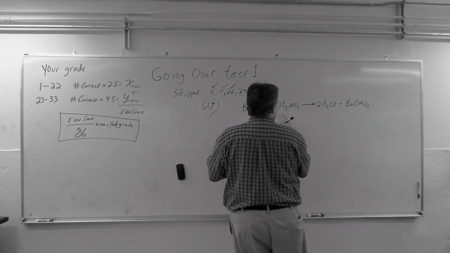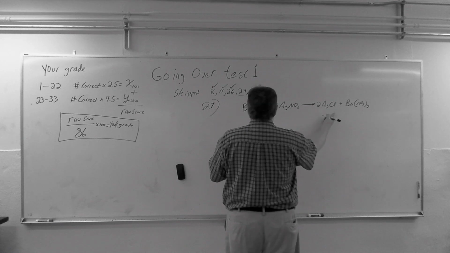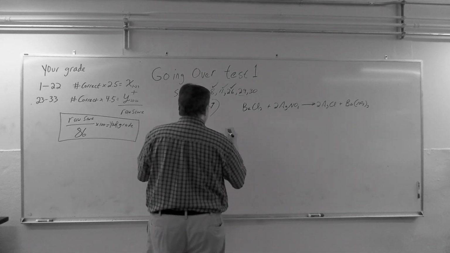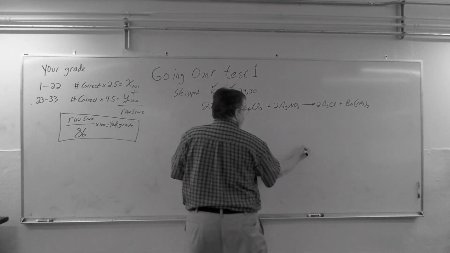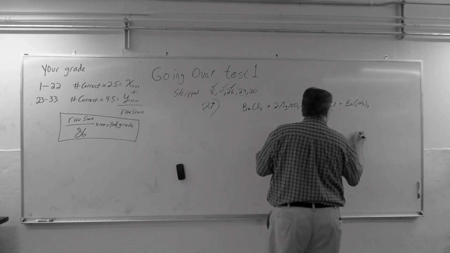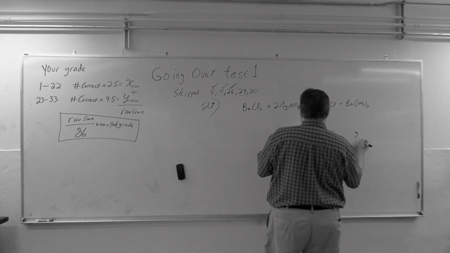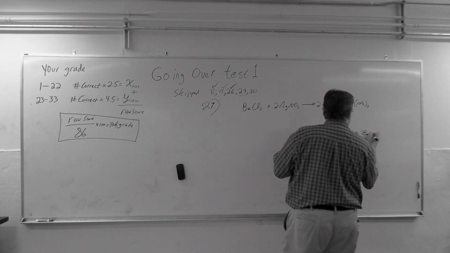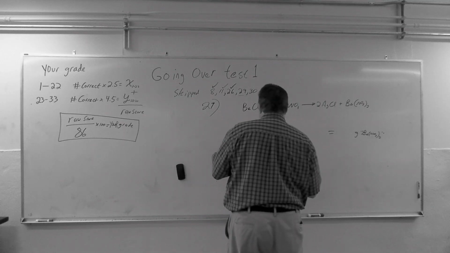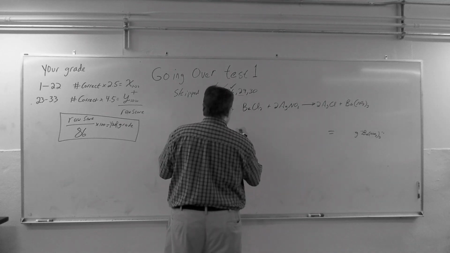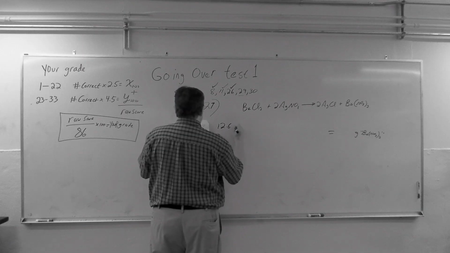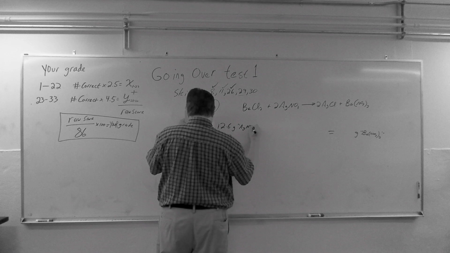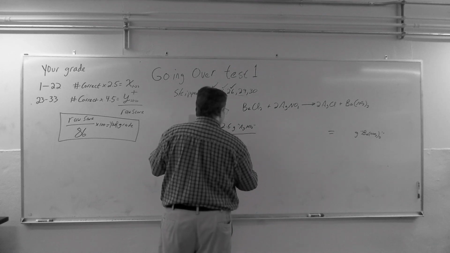Two of those, two Cl's, two Ag's. That's the balanced reaction. You're asking how many grams of BaNO3 are generated when 12.6 grams of AgNO3 reacts.